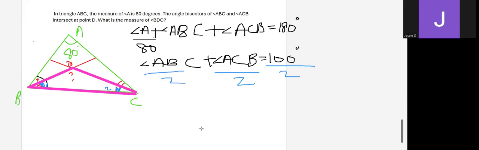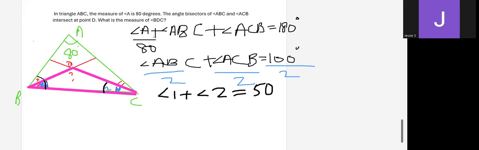Angle 2 is half of angle ACB. So angle 1 plus angle 2 should be 50 degrees, because 100 divided by 2 is 50 degrees.